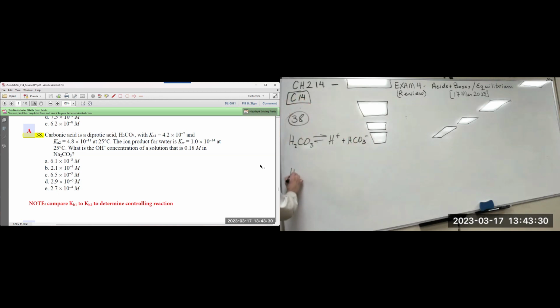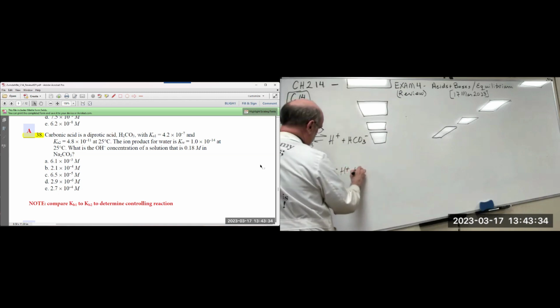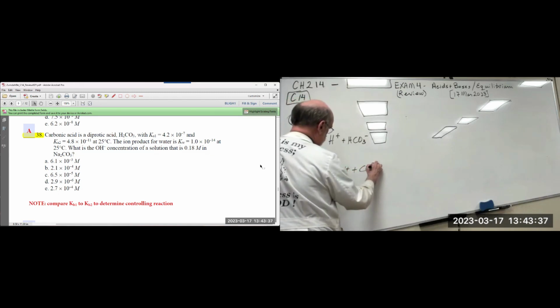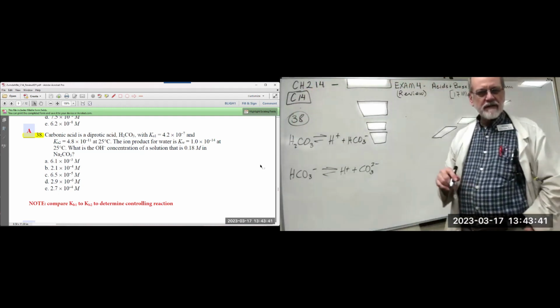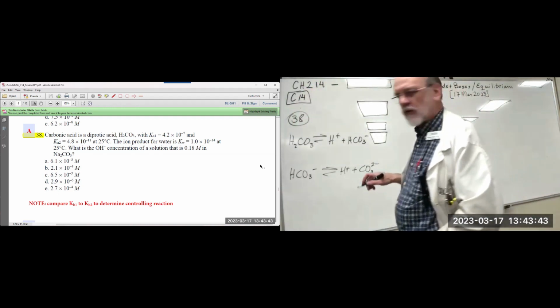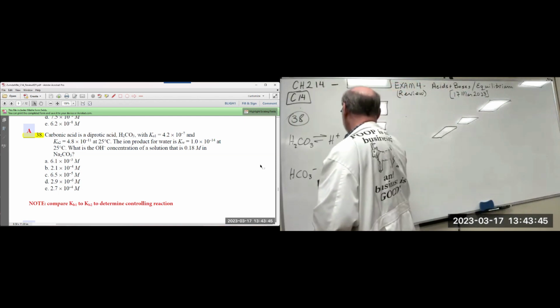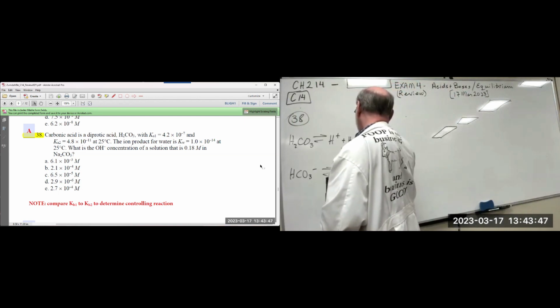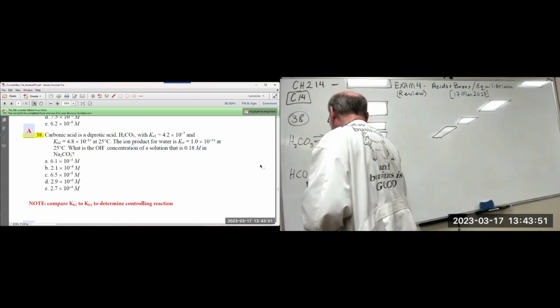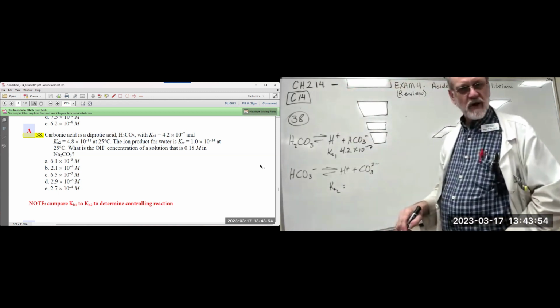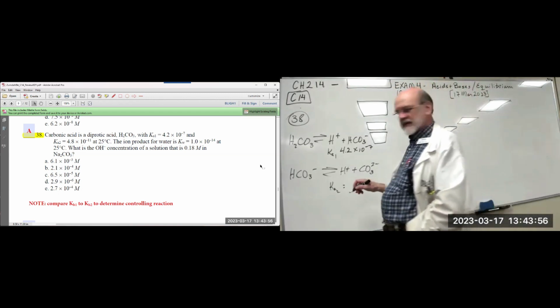The second time, HCO3 minus gives H plus plus CO3 2 minus. The Ka for the first dissociation, Ka1, is 4.2 times 10 to the minus 7. Ka2 should be a smaller number, 4.8 times 10 to the minus 11.